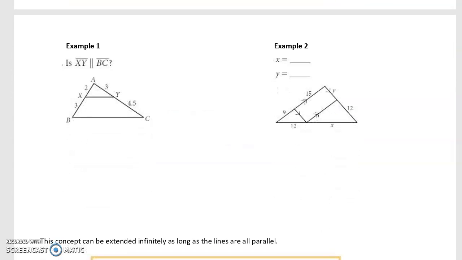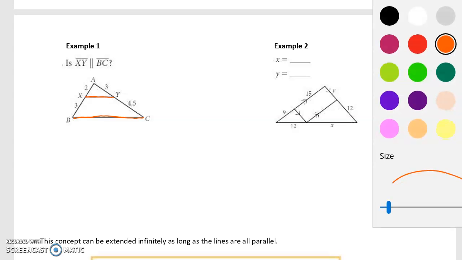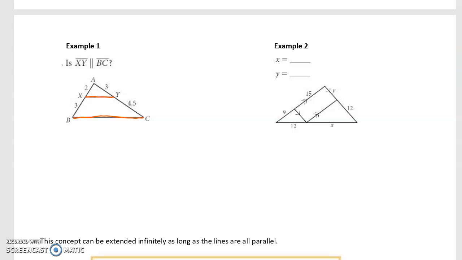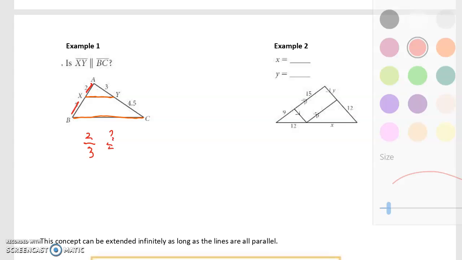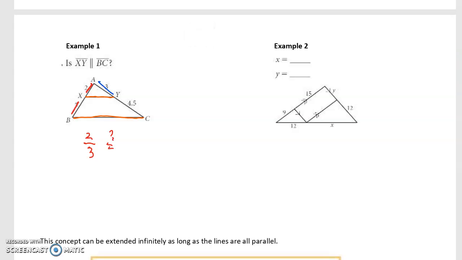So the first question is, is XY parallel to BC? So we want to know if this segment is parallel to this segment. So we want to apply the conjecture that we just looked at by looking at this segment, AX, compared to this segment, XB. Does that equal AY over YC?